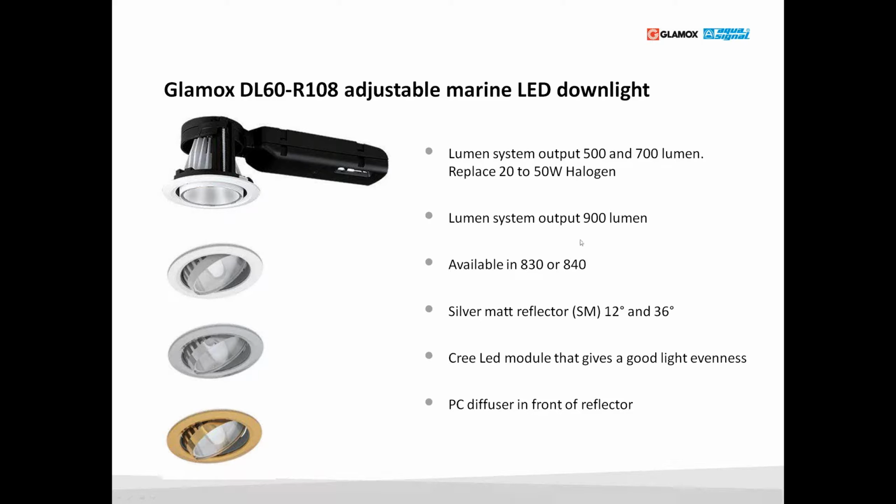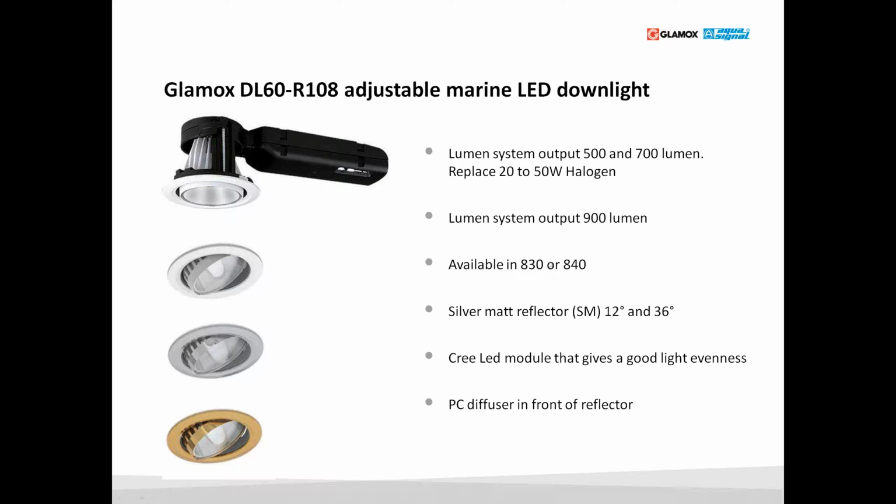So we have made this one with 500 and 700 lumen, and that replaced 20 to 50 watt halogen. But we also made a 900 lumen for the special light settings. It's a lot of light. Mostly we are selling 700 lumen that replaced the 50 watt halogen. That's the most sold of the DL60 R108.